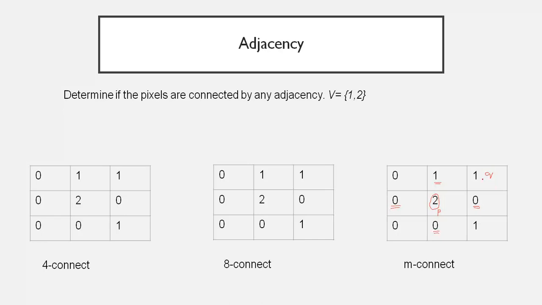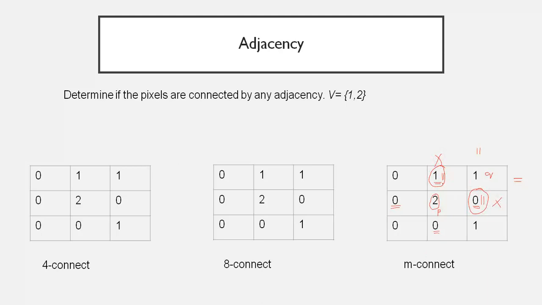Which are the neighbors of pixel Q? The neighbors of pixel Q are this 1 here, this 0 here, and there could be a pixel here and a pixel here. And which is the pixel at the intersection? This one and this 0 are the pixels at the intersection.